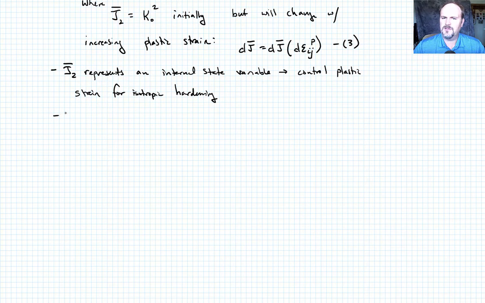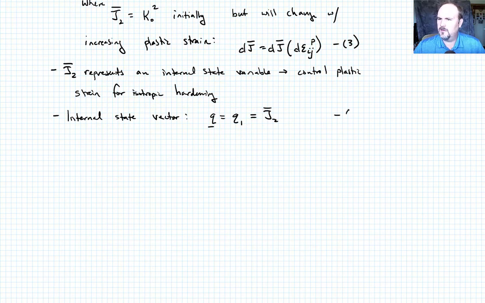So then our internal state vector, remember we represented that as Q. So internal state vector Q is just going to be equal to single value Q1, which is going to be equal to J2 bar. That's our only internal variable here.